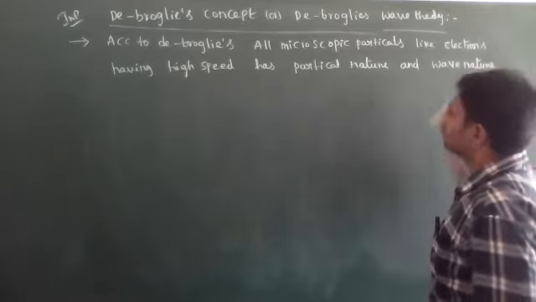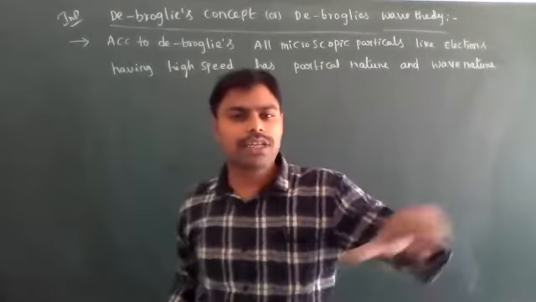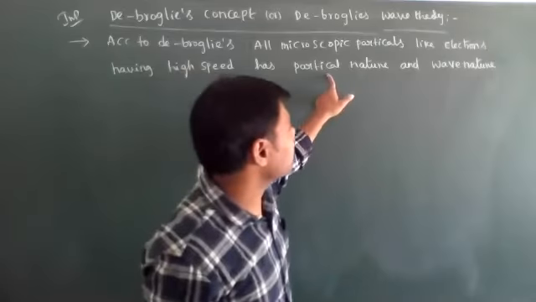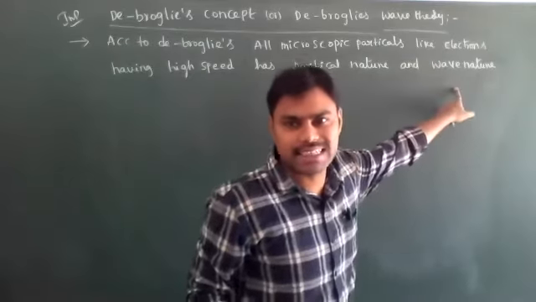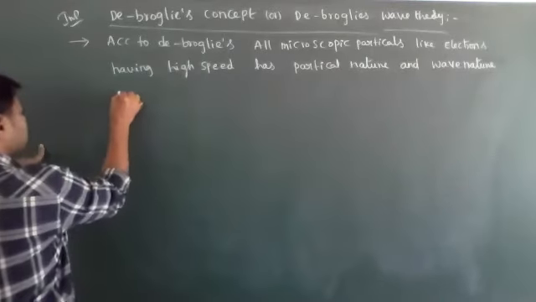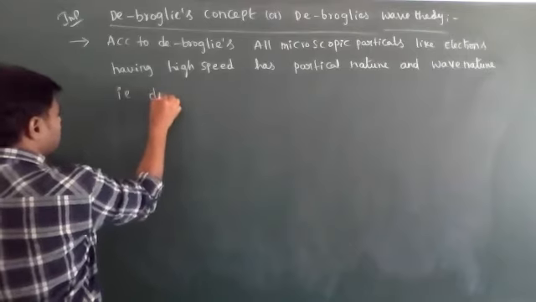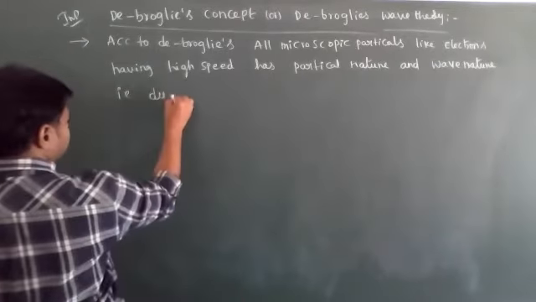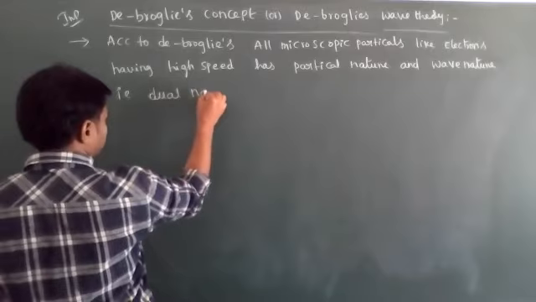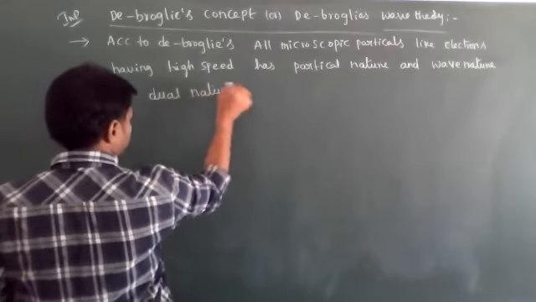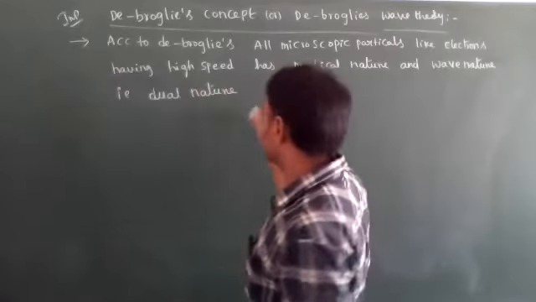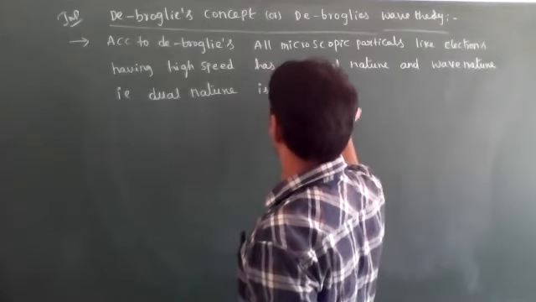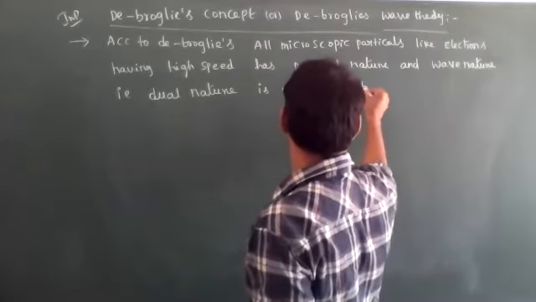So what is said? The electrons revolve around the nucleus with high speed. They have both particle nature as well as wave nature. That is dual nature. That dual nature is called de Broglie's concept.